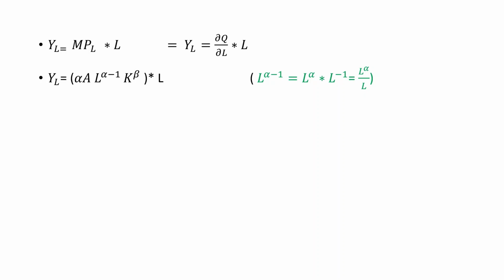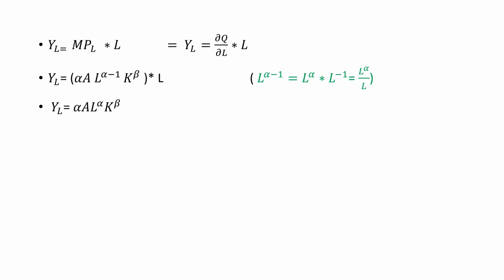Hence, we substitute the values of dou Q by dou L which we have found earlier, which makes the equation YL is equal to alpha into A into L raised to alpha minus 1 into K raised to beta, the whole multiplied by L. Now here we have L raised to alpha minus 1 and the whole is multiplied by L. Here the L's will get cancelled.